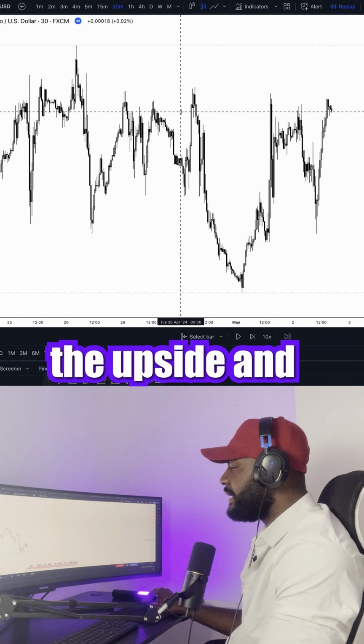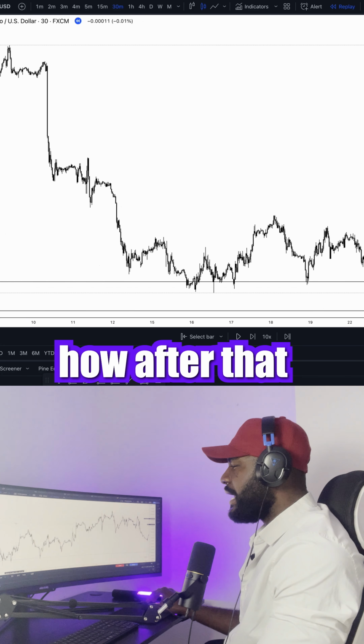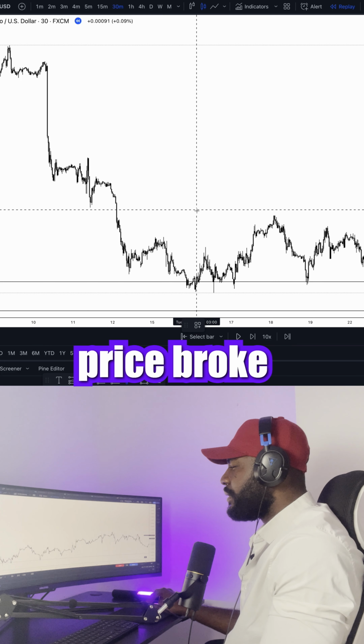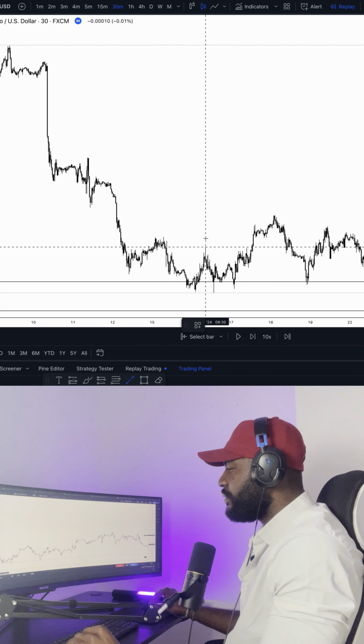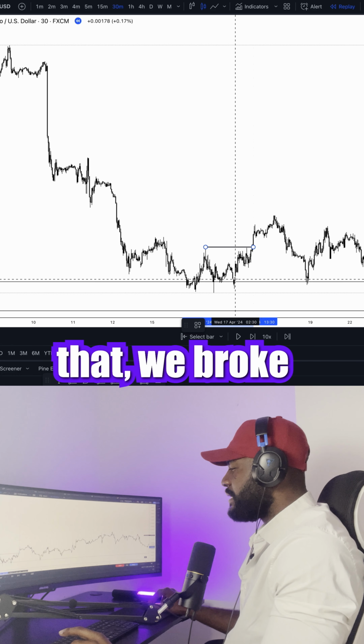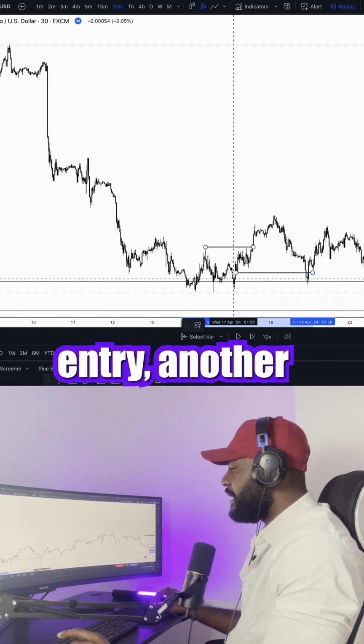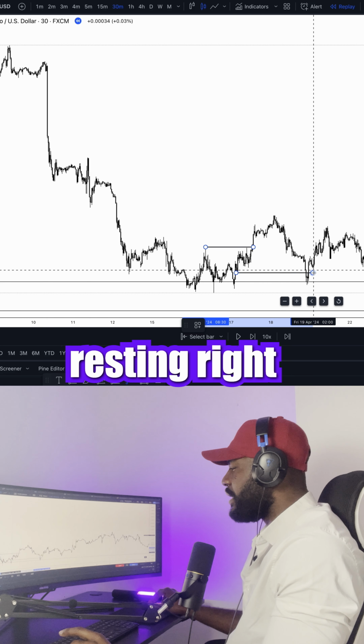The next thing we saw was a break of structure to the upside. If we go to the 30 minutes time frame, you can see clearly how after that mitigation, price broke structure right here. We created a high, and then after that we broke structure, and right here would have been my entry, another inefficiency resting right here.